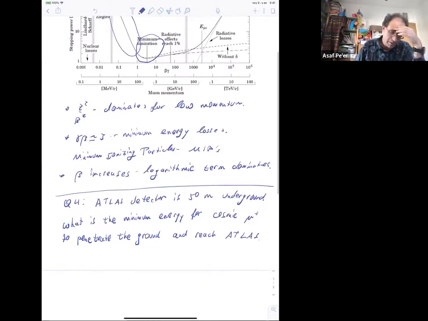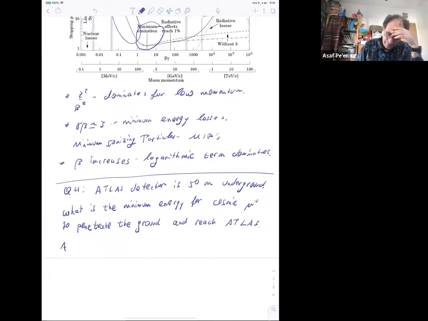You can assume that the ground density rho is about 2 grams per centimeter cubed. And of course, you can also safely assume that the muons do not decay on their way to the detector.